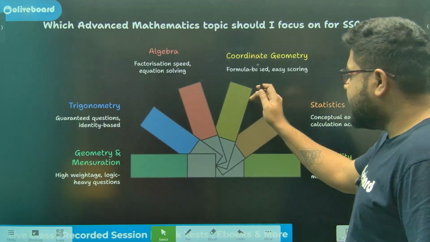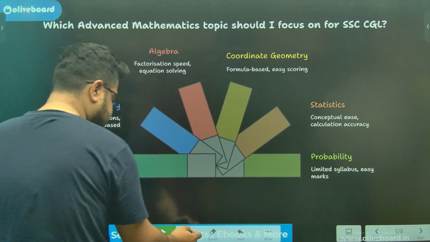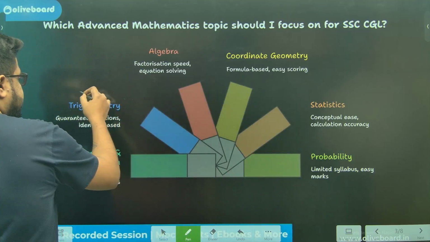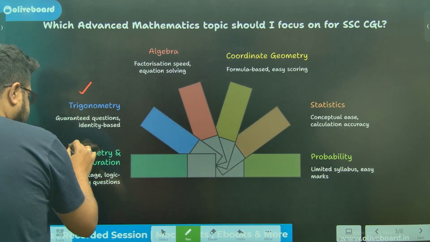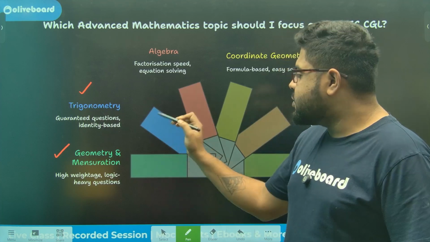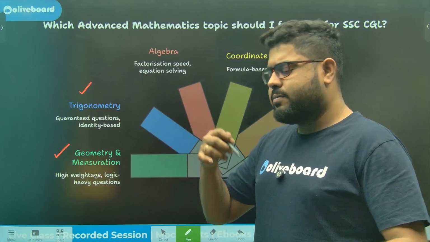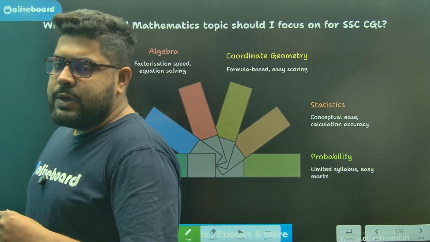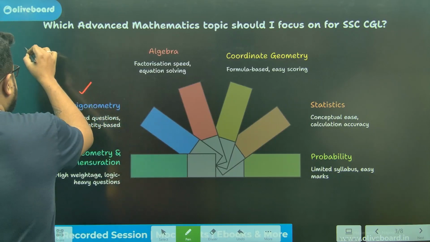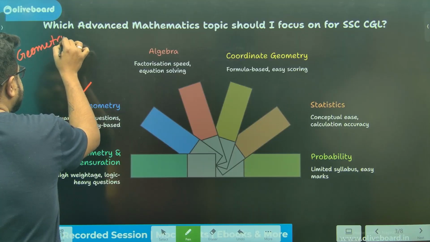Now, these are the chapters that are there in advanced maths. So if you look at this, you will see you have trigonometry, you have geometry, and if you notice, I have taken geometry as well as mensuration together. Because if you're looking from a holistic angle, geometry and mensuration, especially for tier 2, you will get geometry based mensuration questions.